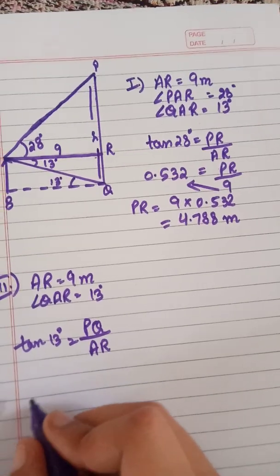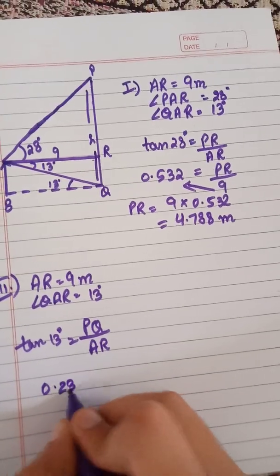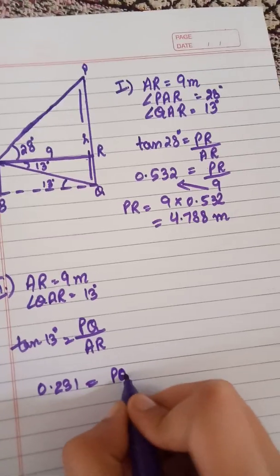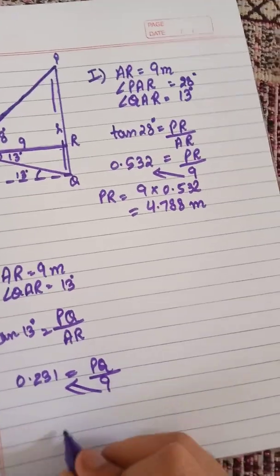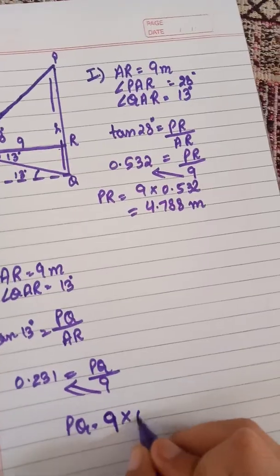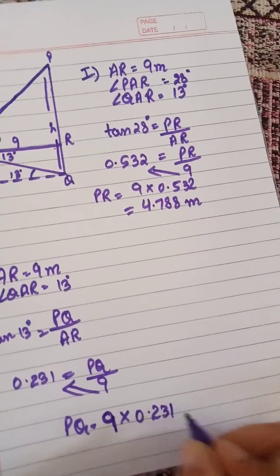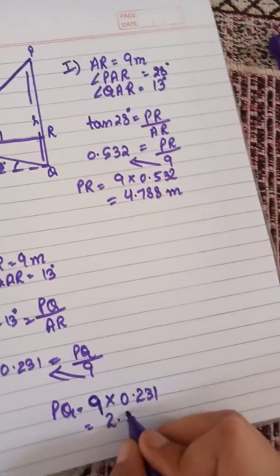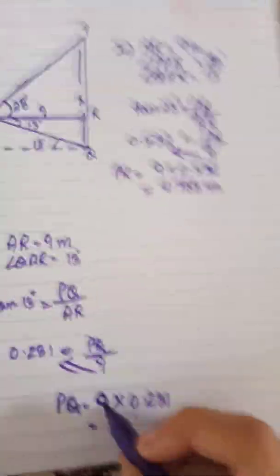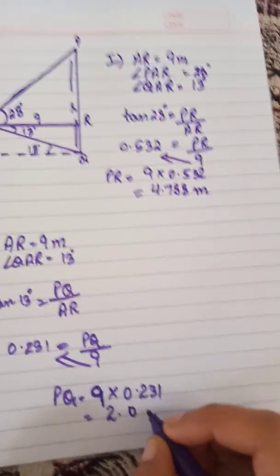The value of tan 13 degree is 0.231. PQ we have to find and AR is 9. So PQ is 9 multiplied by 0.231, and the answer is 2.079 meter.